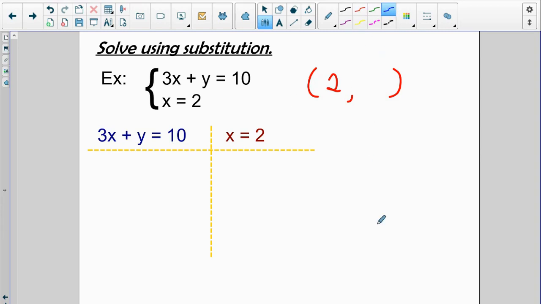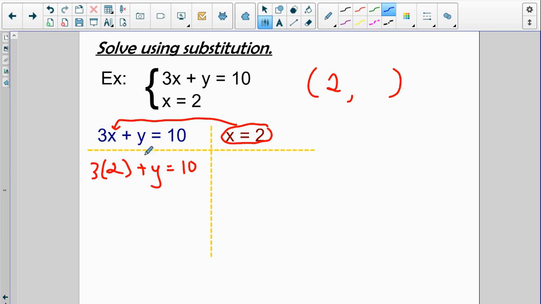So I started out with 3x plus y equals 10, but I know the value of x. I know that x is 2. So that tells me I can actually replace the x in my equation with the value, right? If x equals 2, I'm going to replace x with 2.